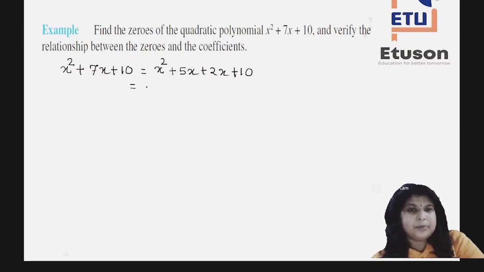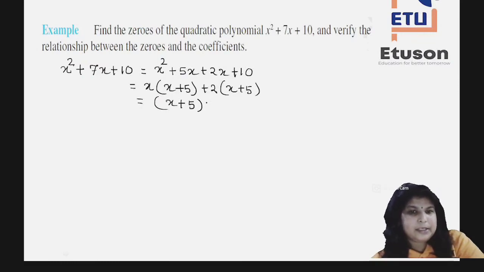So that is equal to x into x plus 5 plus 2 into x plus 5. So you will get x plus 5 into x plus 2. Okay. So what are the factors here? x plus 5 and x plus 2.